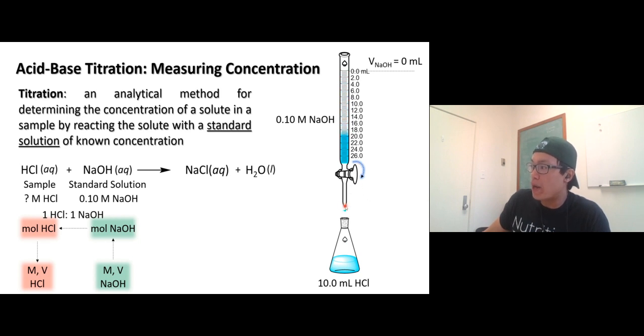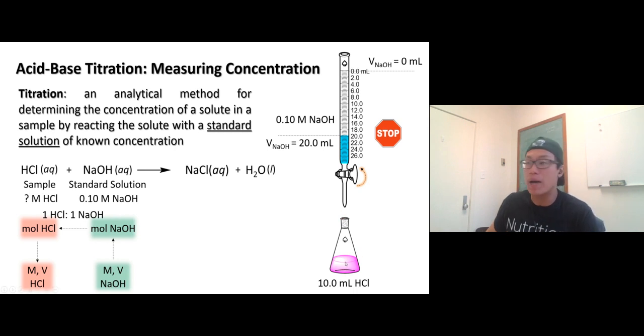The sodium hydroxide will come down, and once the color changes, which means all the hydrochloric acid has reacted with sodium hydroxide, we stop the stopcock right away and read the final volume. So we start with 0 milliliters, and we end up with 20 milliliters. We stop right here.